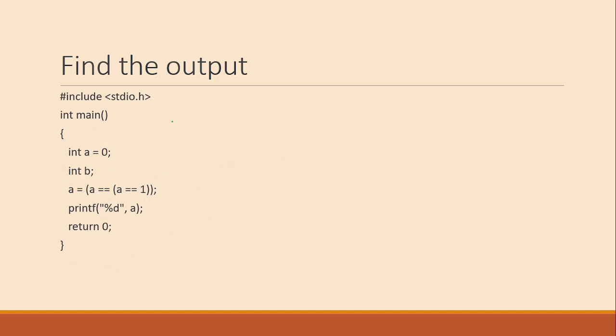Final answer. Now a is equal to 1. So a is equal to 1. Now first left side to right side, right side to left side, 0 is equal to 1. So this condition is false. When this condition is false, it will result in 0. So I will just write it here: a double equal to 1.